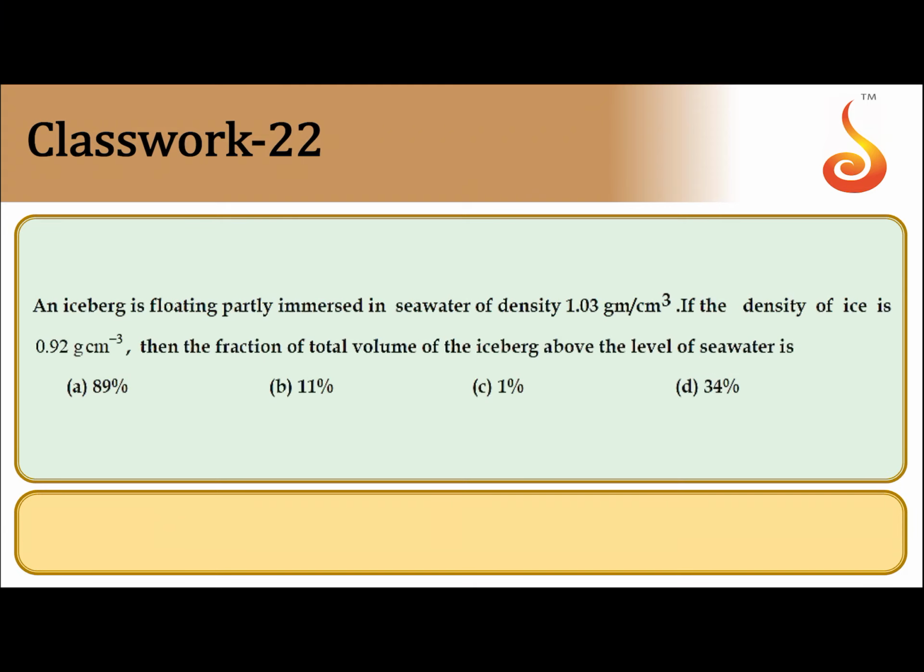22. An iceberg is floating partly immersed in seawater of density 1.03 gram per centimeter cube. If the density of ice is 0.92 gram per centimeter cube, then the fraction of total volume of the iceberg above the level of seawater is. Again, same thing.